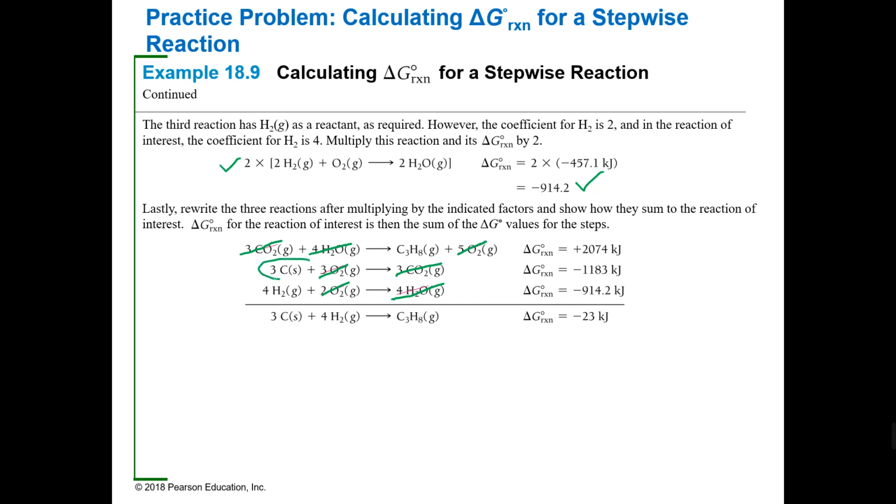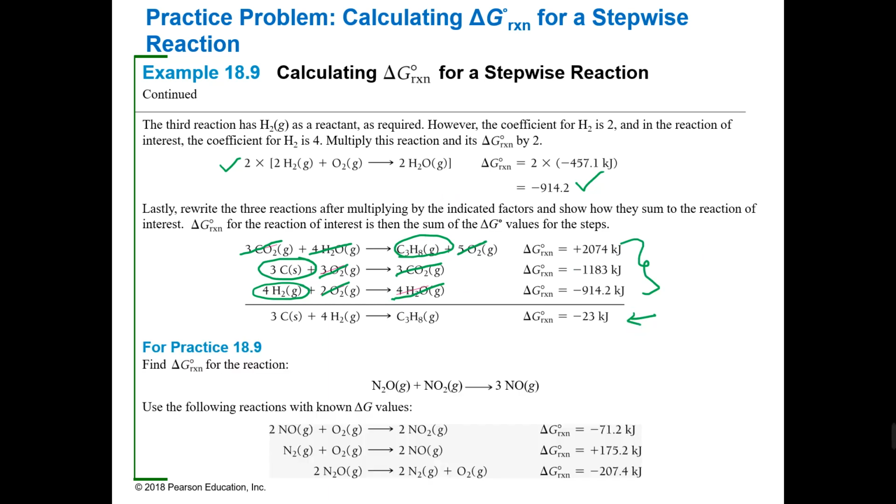And so everything that's left should match exactly what the overall reaction was. Once we've ensured we've done it correctly, all you're doing is adding these up to get a total amount. Go ahead and try practice 18.9 and see if you can get it to work for you.